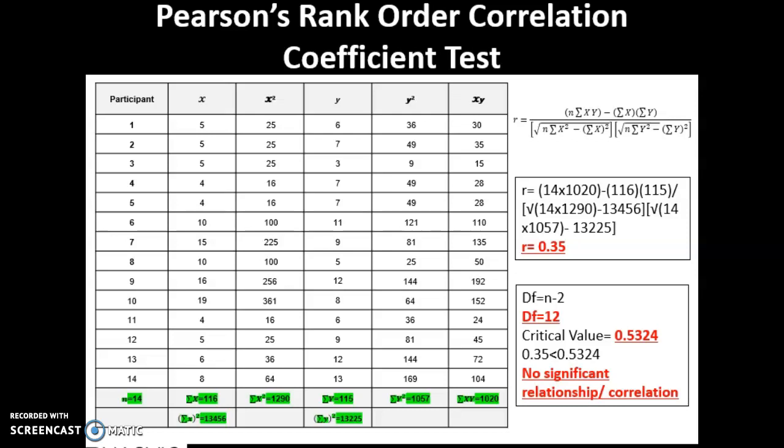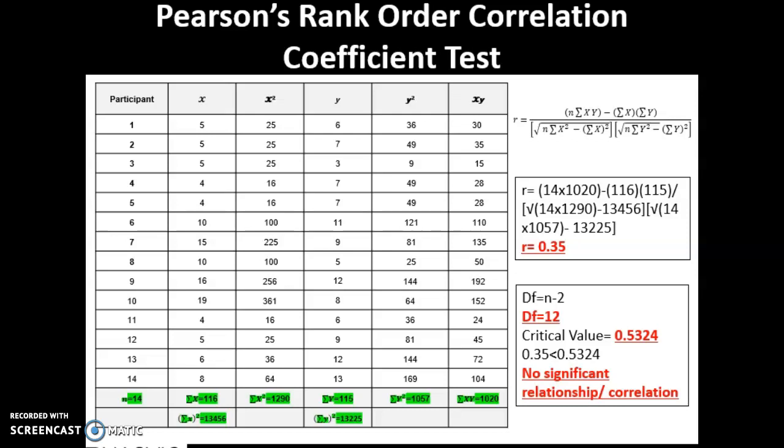This gives us 14 times 1020 minus 116 times 115 over the square root of 14 times 1290 minus 13,456 multiplied by the square root of 14 times 1057 minus 13,225. This gives me the R value of 0.35.